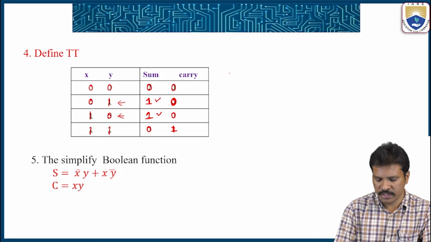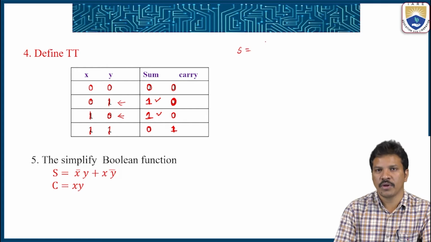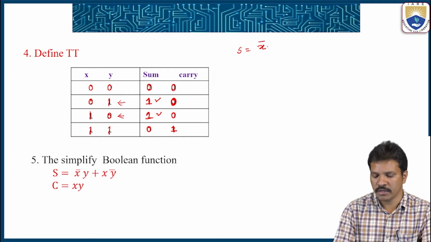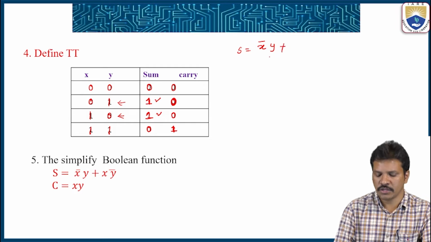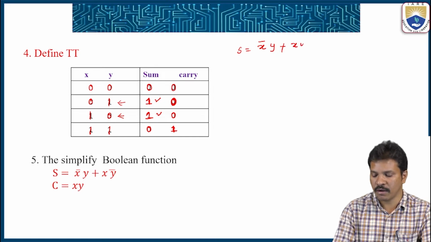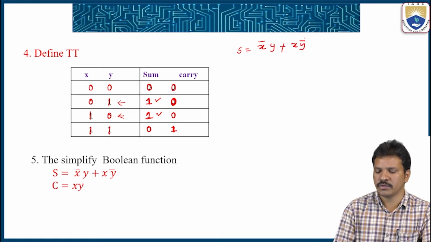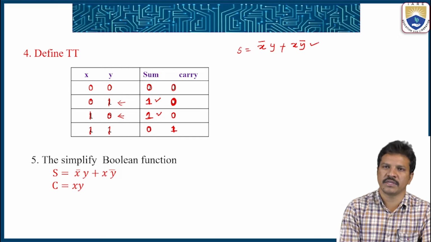Considering those minterms, S is equal to x bar y, since the output is logic 1 for the 0 1 combination, where 0 means complemented variable and 1 means uncomplemented, plus x y bar for the other input combination 1 0. So we can directly write down the Boolean function.